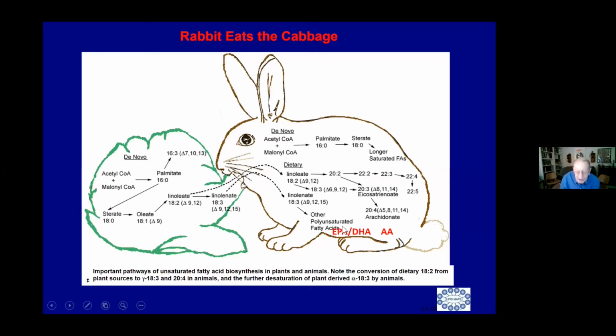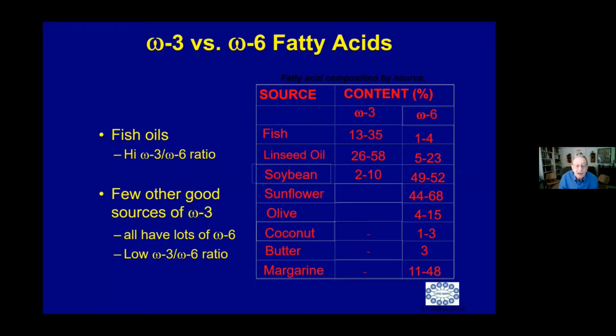So these are the key polyunsaturated fatty acids that are not only fatty acids, but are precursors for the eicosanoids and related oxylipins. Before I turn to those, I just want to talk a bit about nutrition and presence.